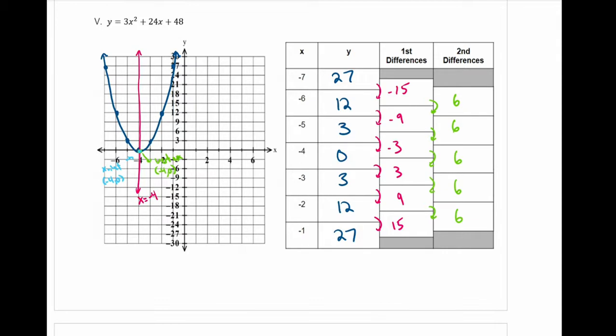In this case, our x-intercept and our vertex land on the same spot. We don't have a y-intercept in this one, or at least from what we can see on the graph. So you could plug in when x equals 0 and solve to find the y value. That is one option as well.